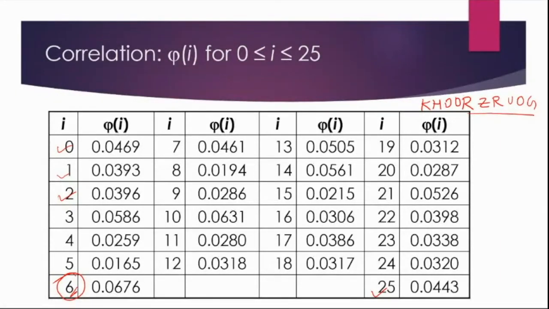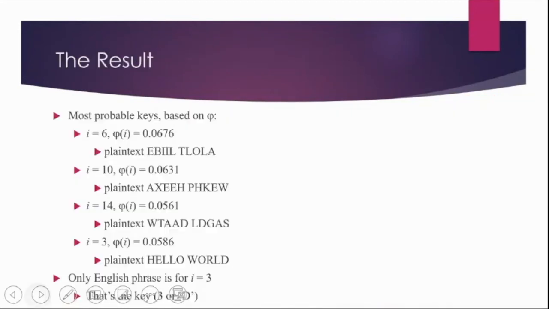As a second step, we will assume that I is 6 because it has the highest value. Now we will convert our ciphertext as per this key. When you convert the given ciphertext assuming 6 as the key, you will get this as the plain text.